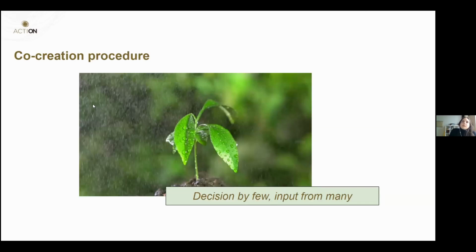Very quickly, I would like to show you how we usually co-create within the team. We have a structured co-creation procedure, which is based on the Sociocratic principle, decision by few and input from many.